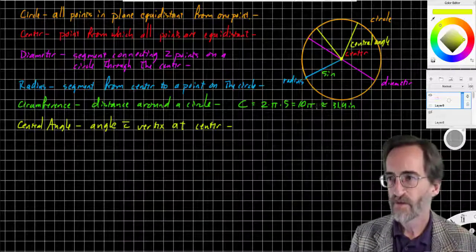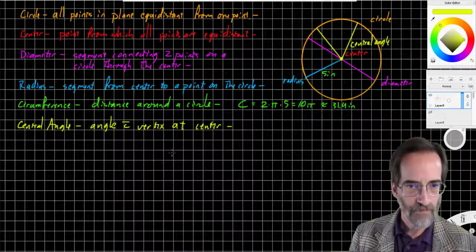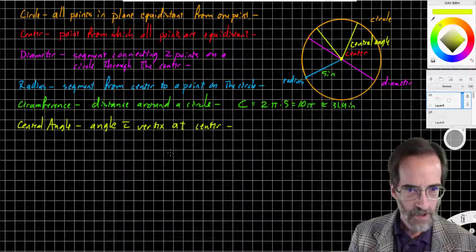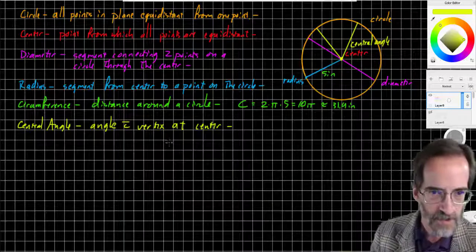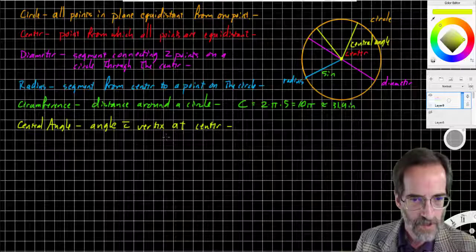Central angle. Okay. Got concentric circles. I'm trying to see what we haven't done. Congruent arcs, congruent circles.